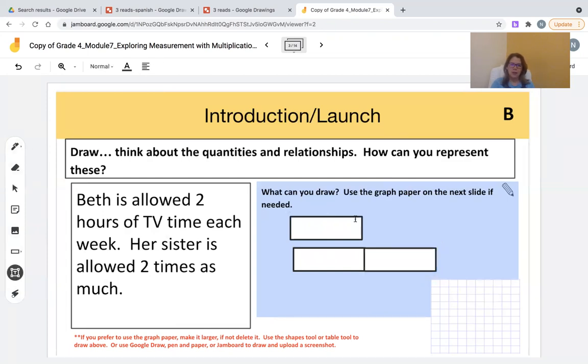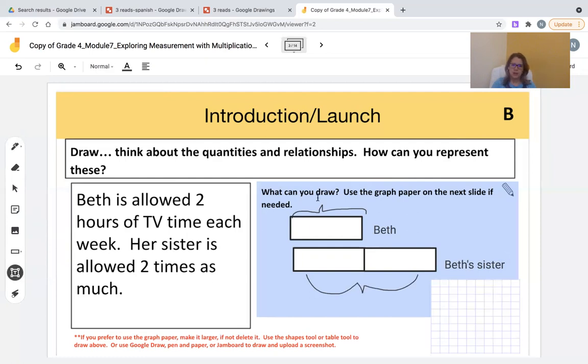I'll label my drawing by using the text box. Here is Beth, and here is Beth's sister. I'll also label each tape diagram with a bracket. Beth, I know, is 2 hours, and Beth's sister is an unknown.